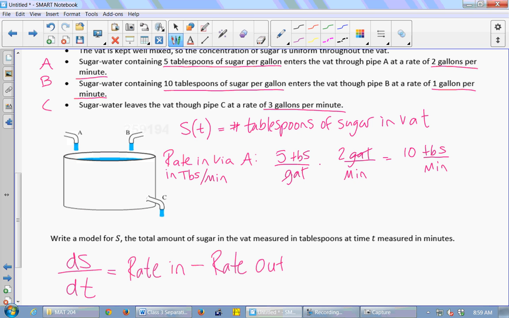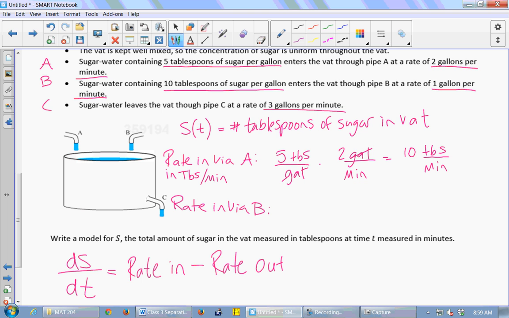So we know how fast sugar is going in through pipe A. For pipe B, you do the same thing: 10 tablespoons per gallon times 1 gallon per minute.